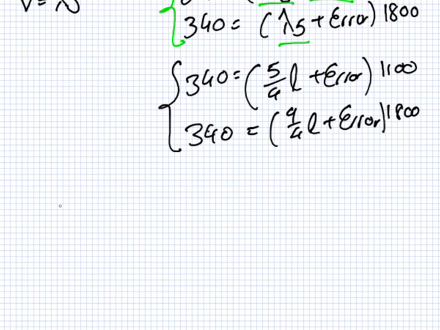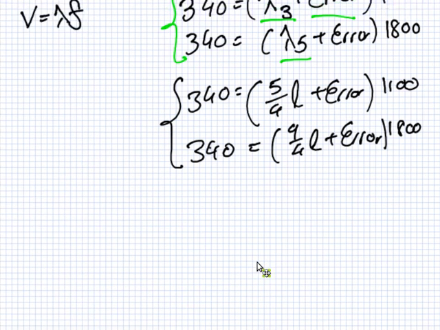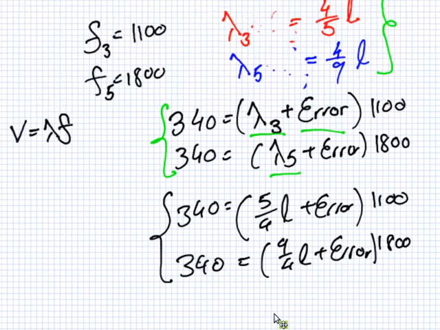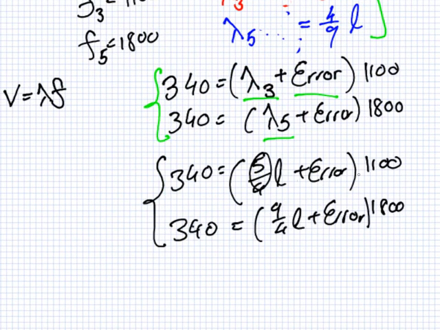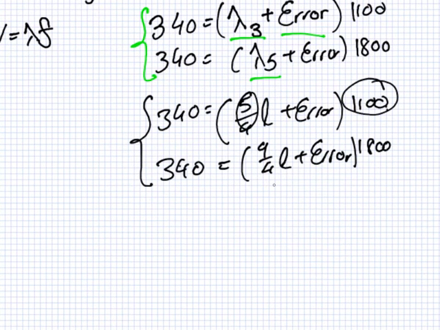Hareen, this should be 4/5. Can you do 4/5 multiply 1100? And then do you have a calculator? No, it's okay. I'll do the next one. 4/9 multiply 1800. 880. What did you get? 4 over 5 times 1100.